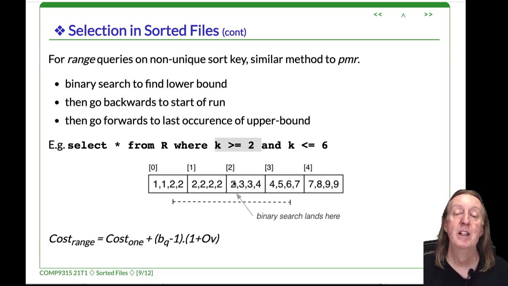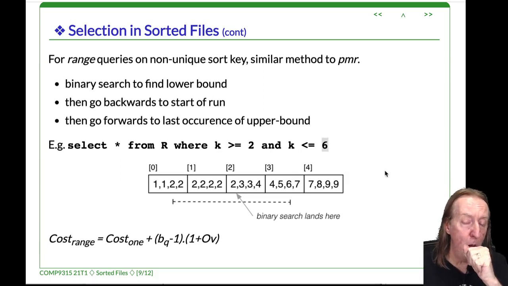But then we have to go further back to see how many other tuples there are with k equals 2. Once we've exhausted that, we go forward looking for a tuple that's larger than that upper bound. And so we'd go through here, and when we eventually found this tuple, we'd stop our scan because we would have found all of the tuples that satisfy that condition.